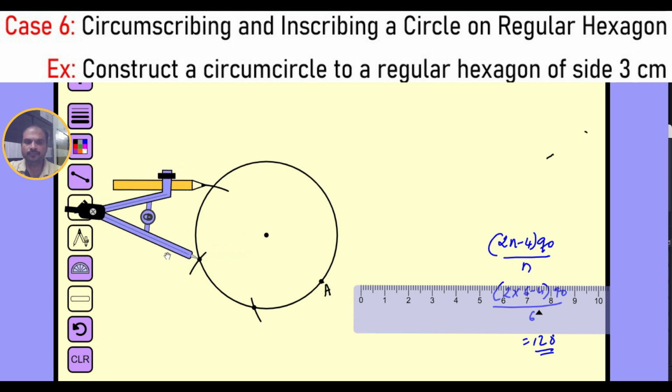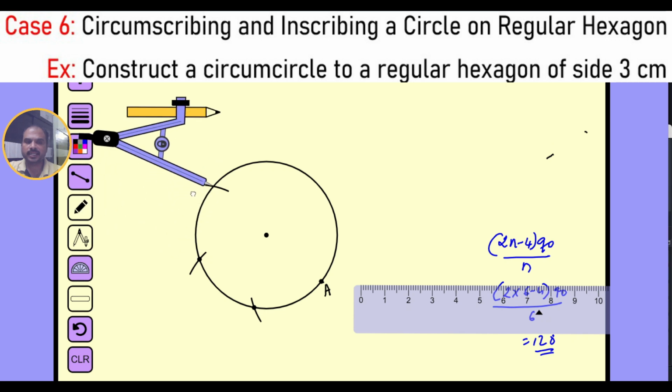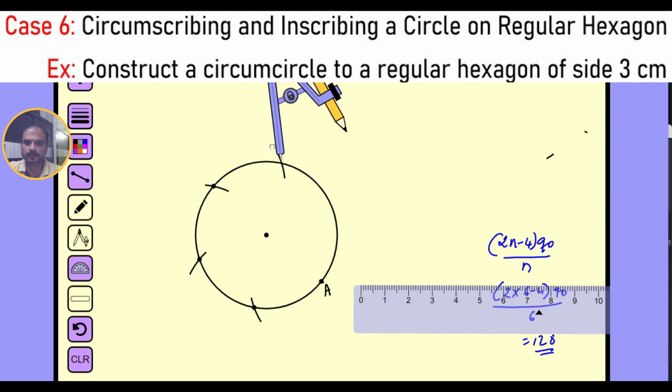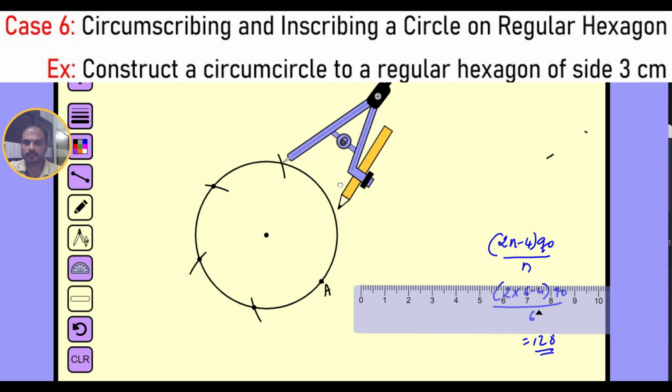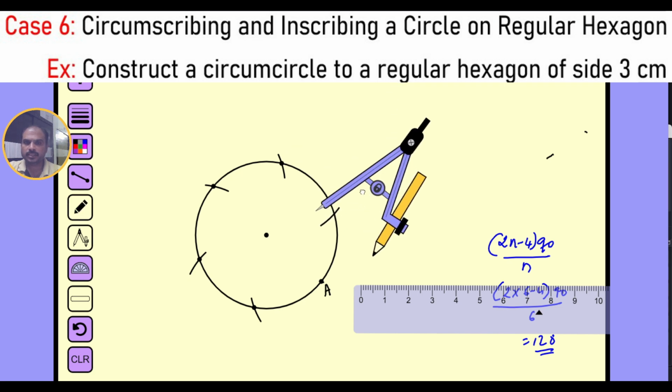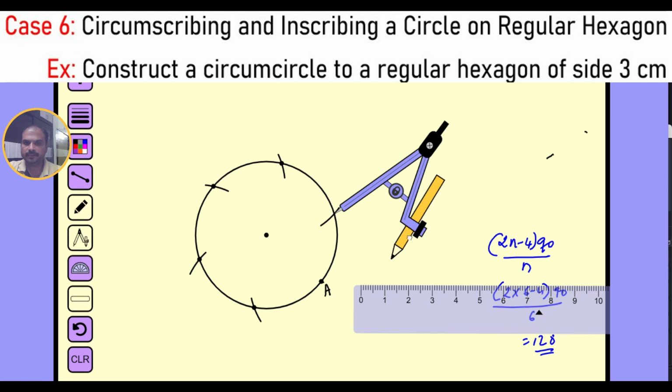Hexagon, children, means a six-sided polygon. There should be 6 sides for the polygon, whatever you are going to get. Clear? Now your hexagon is getting ready.